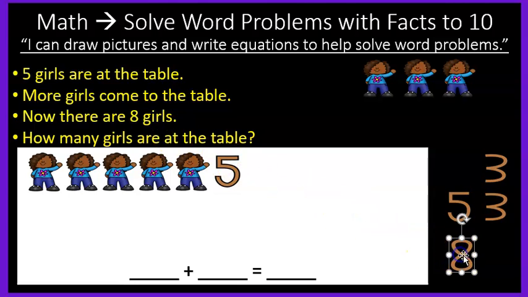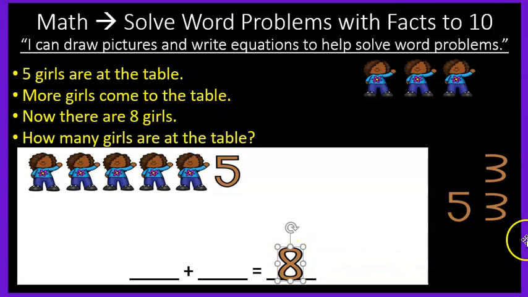So watch what I do now. I'm going to get 8. I'm going to put 8 here as the total. That's the answer there because it's telling us. Now there are 8 girls. So this number has to go here. The more we do this, you're going to figure that out.